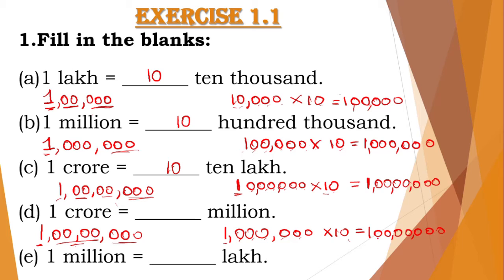So these are the 7 zeros. Now after multiplying with 10, we got our answer as 1 crore. Right, so this is 1 crore. After multiplying it with 10, we got 1 crore. So our answer will be again 10 only.